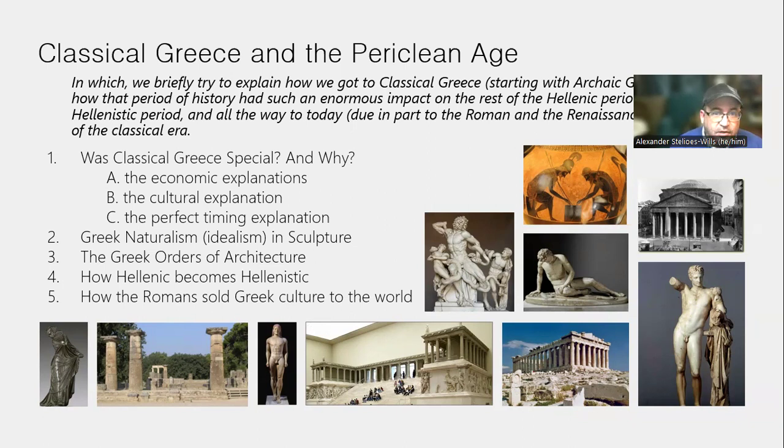So let's start with, if you remember Unit 1, we start with Paleolithic art, the most ancient prehistoric art, and we go all the way up to the Neolithic. And in Unit 2, we talk about the art of the ancient world. Unit 3, we start with the classical art of Greece, and to a degree, also art of Rome.